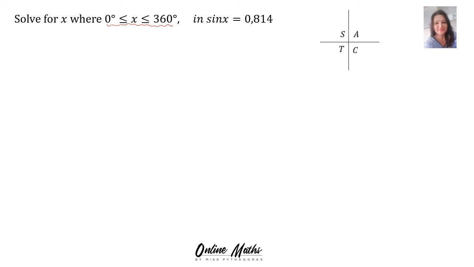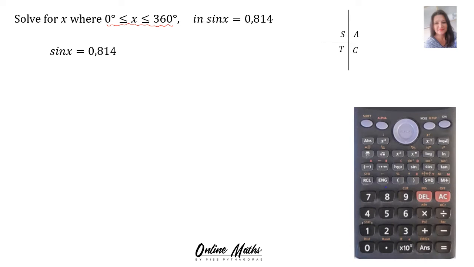And then I give you the equation sin x is equal to 0,814. Now, first of all, we make sure that we isolate sin x with the numbers and all on the right hand side.